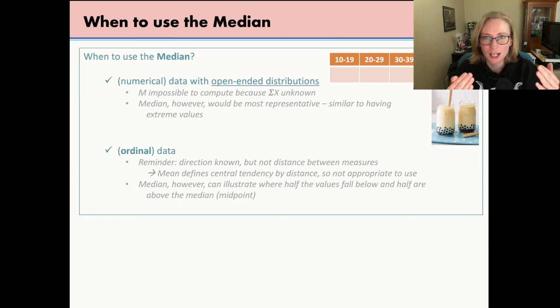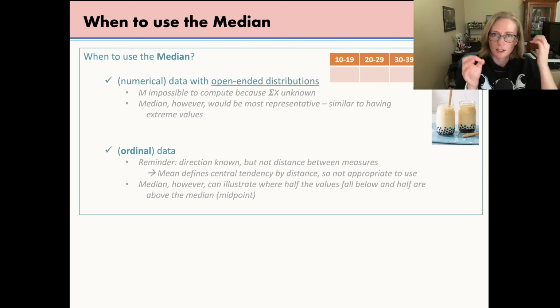But the median can show us where that 50-50 mark falls, even if we don't know the exact value, because it's ordinal, non-numerical data. So there are times when the median can be highly useful, and often if it's physically possible to calculate the mean, we still will, but as a representative value, the median is going to be more informative for these cases.